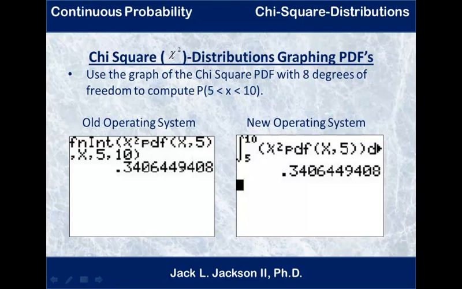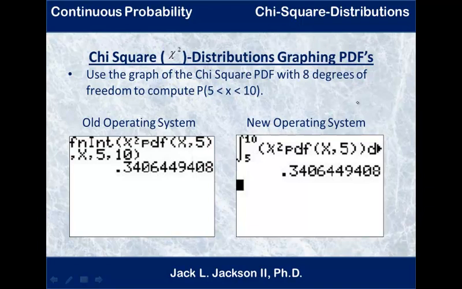In the newer operating system, or with math print turned on, the lower limit 5 goes here, the upper limit 10 goes here. The one that's always x runs off the screen here, but it's d and then the x. And what goes in the parentheses here is your formula, chi-square PDF x, 5. So we can do it that way, and we can get it there.